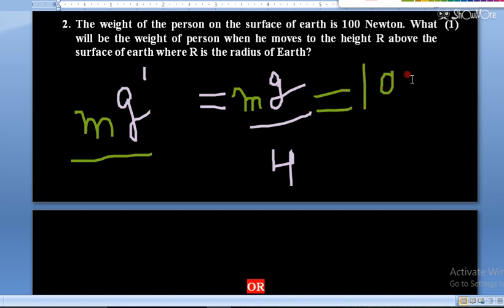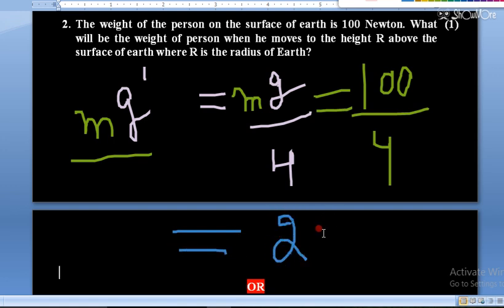So 100 by 4 is the weight of the person at that particular height, which is r above the earth's surface. So at that height the weight of the person is 25 Newton.